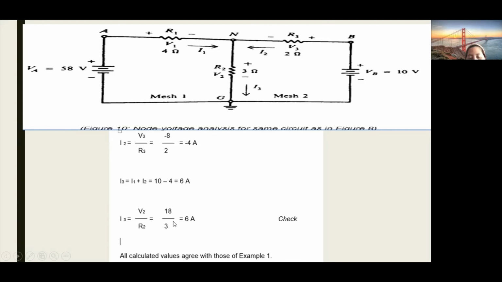So check, just the same: 18 divided by 3. So all calculated values agree with those of example 1.